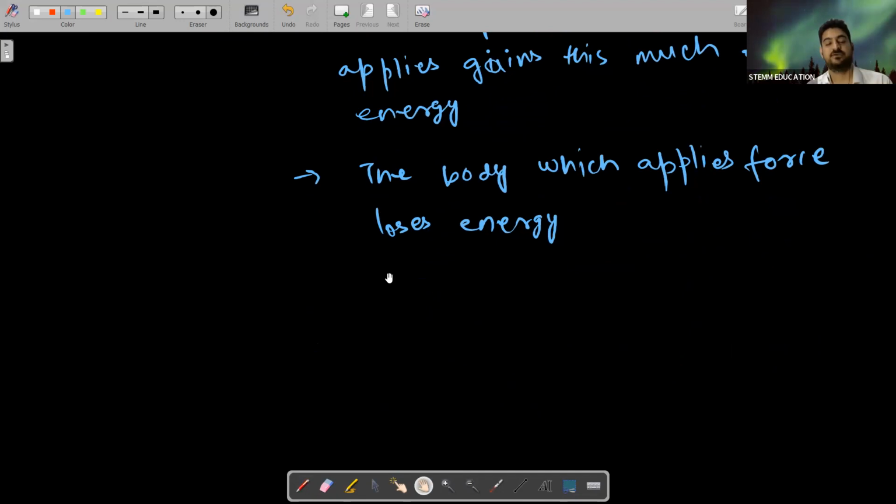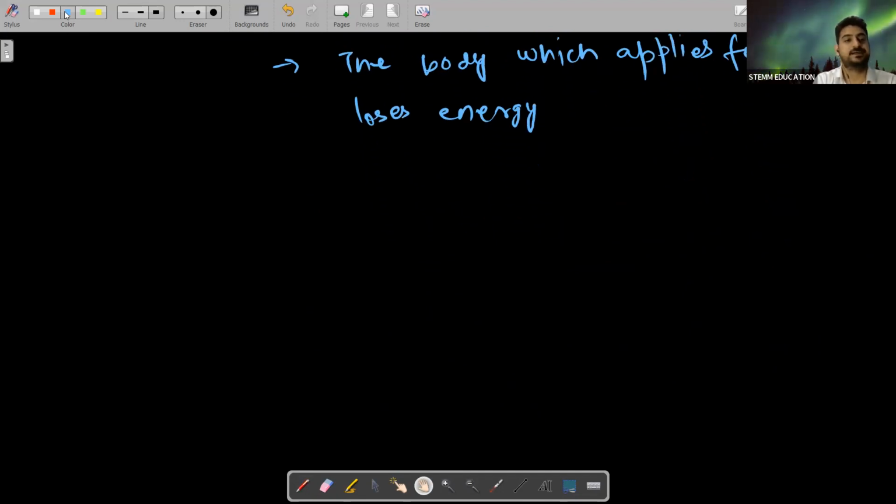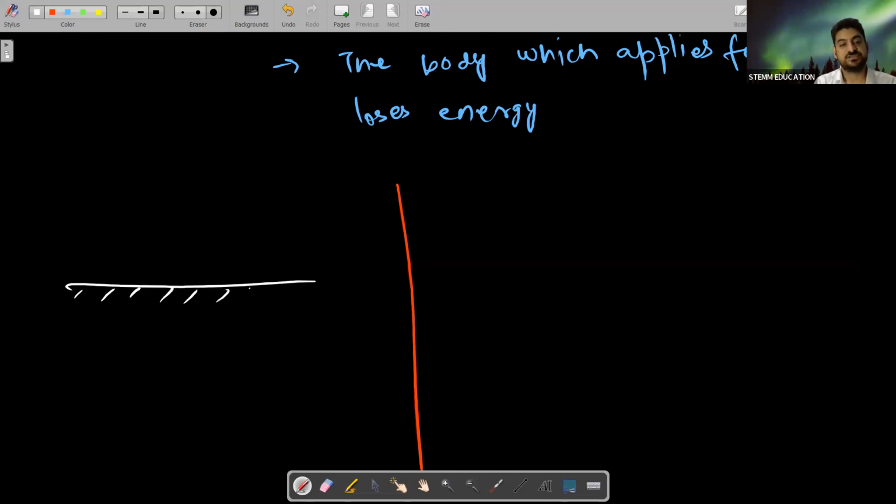So let's try to have a diagrammatic understanding of this whole situation. We have this ground. This block is of mass m. The force on this block is applied by Mr. A. So this force is known as the force applied on mass m due to A, which is equal to 10 Newton.